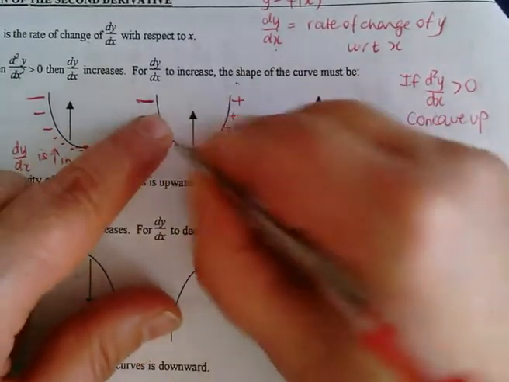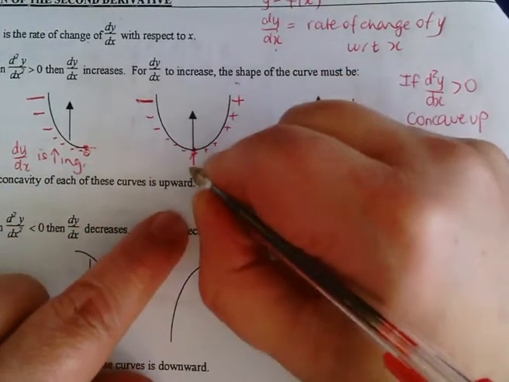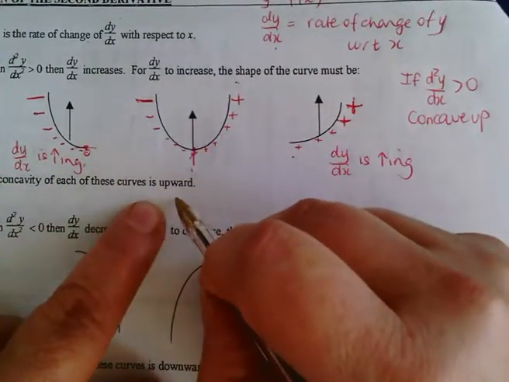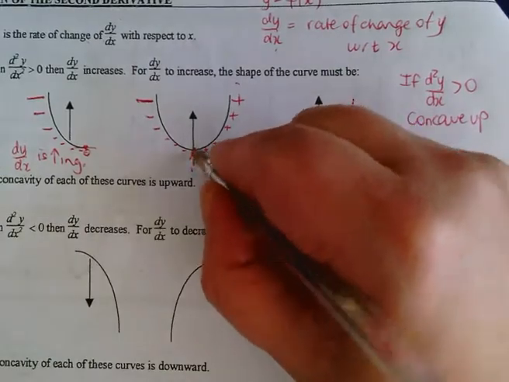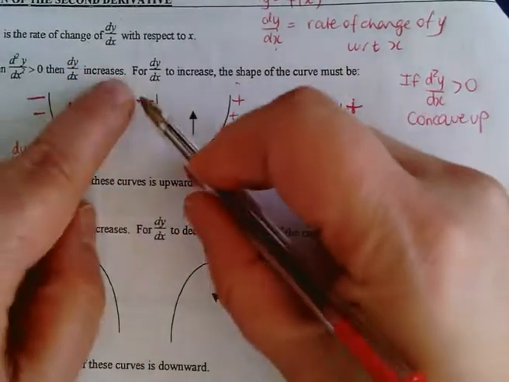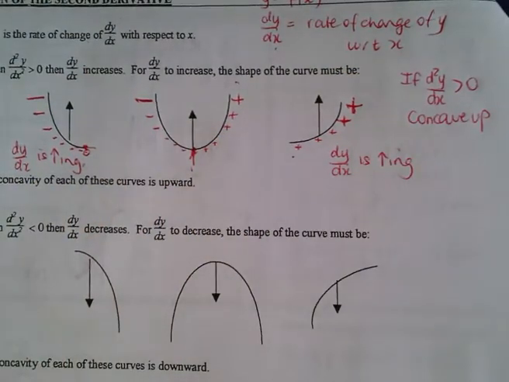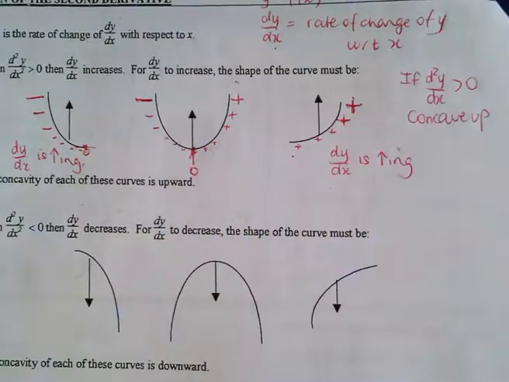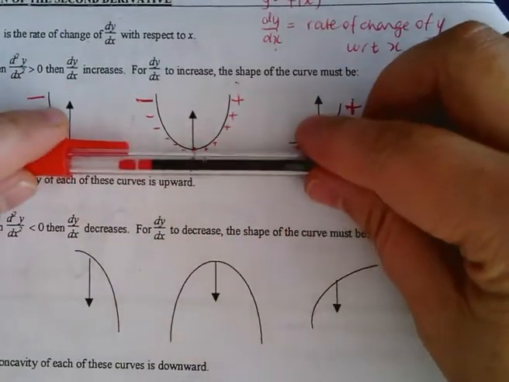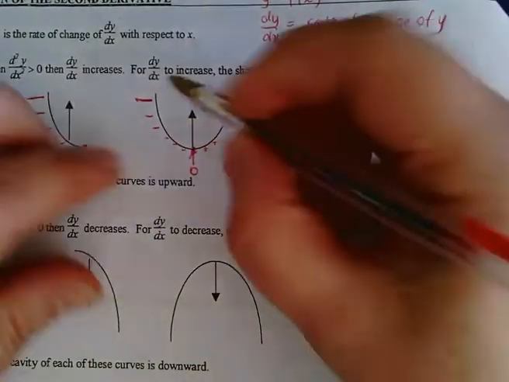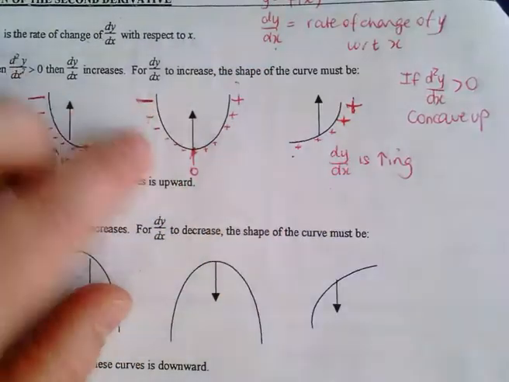That's a minimum of the graph. Each of these is concave up, and at the very bottom, if you're going from negative numbers to positive numbers on a number line, don't you have to pass through 0? Guess what? Right there is 0. That's 0 gradient. But all of this is concave up.